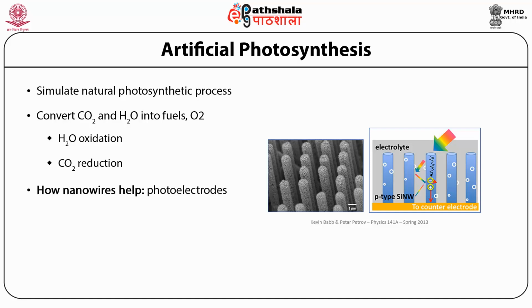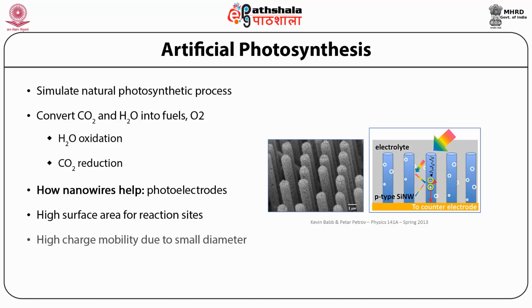How nanowires help? They are used to fabricate the photoelectrodes. They have high surface area for reaction sites, high charge mobility due to small diameter, and can be grown in large quantities. So these two are the figures.